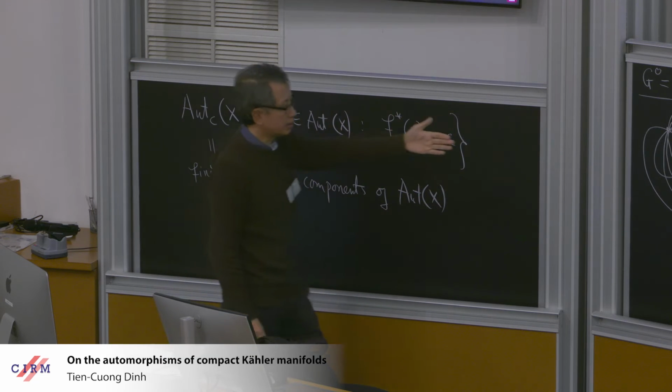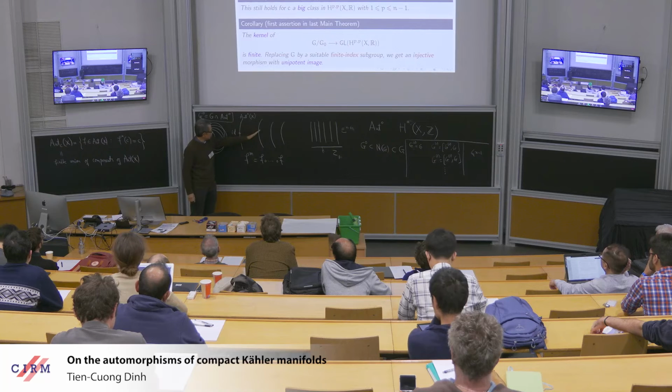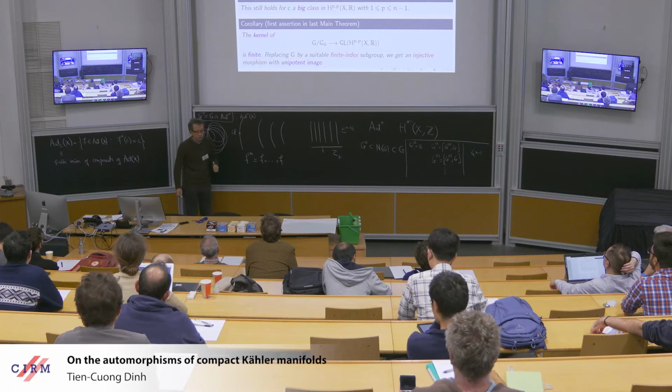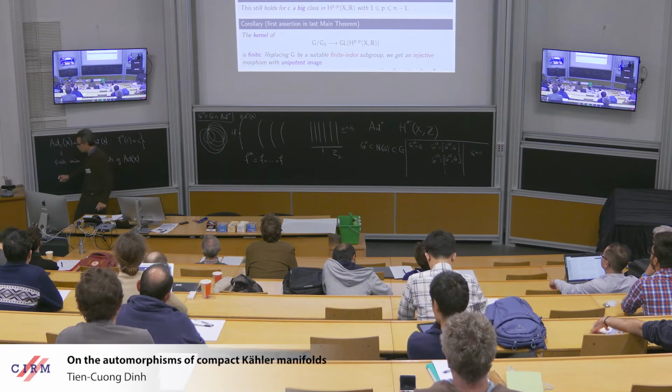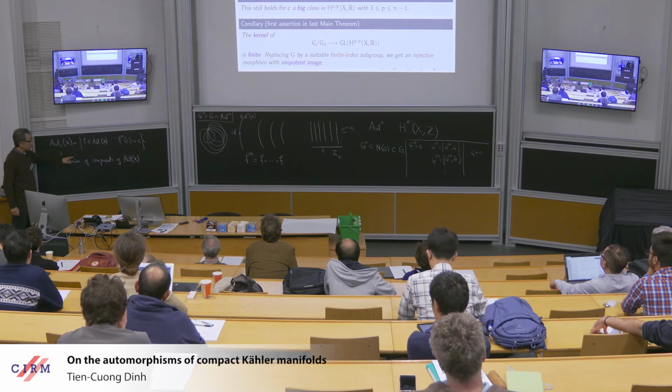So you can see in this picture, the whole group might have infinitely many connected components, but if you consider this subgroup, then you only have a finite number of components.